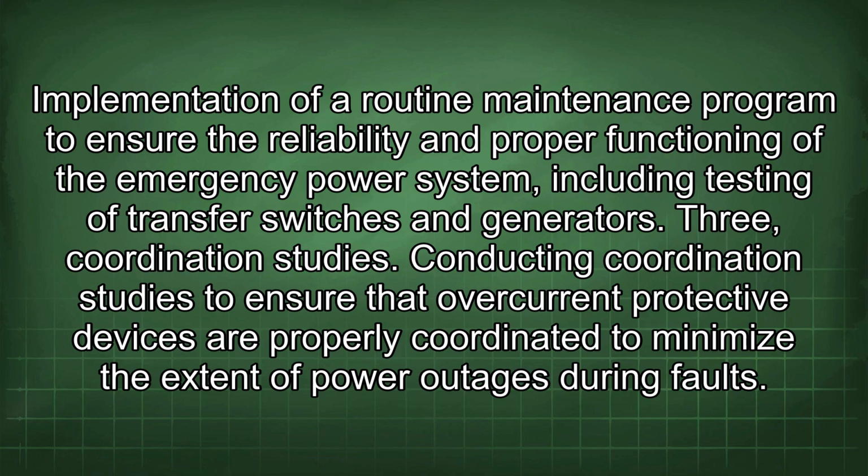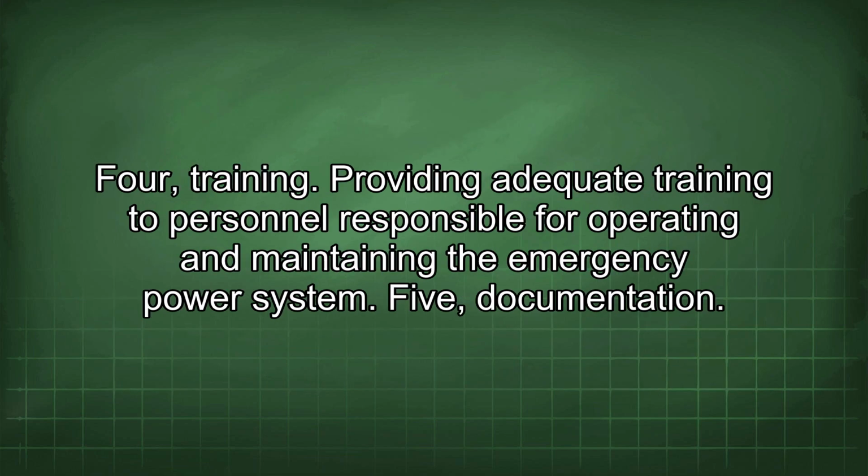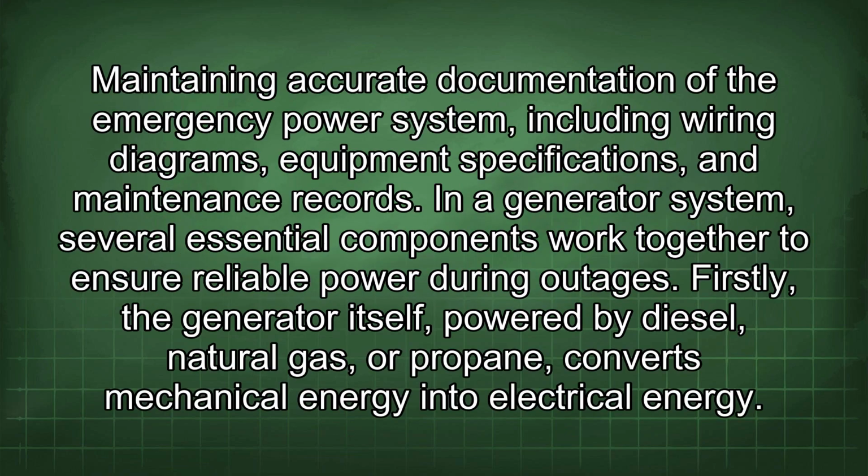Conducting coordination studies to ensure that overcurrent protective devices are properly coordinated to minimize the extent of power outages during faults. 4. Training. Providing adequate training to personnel responsible for operating and maintaining the emergency power system.